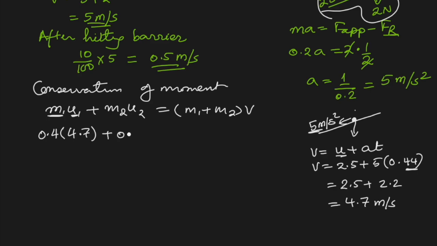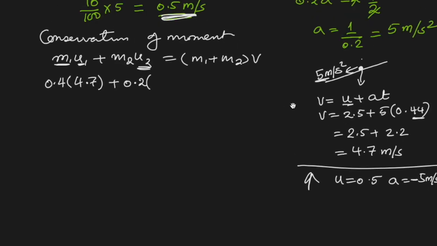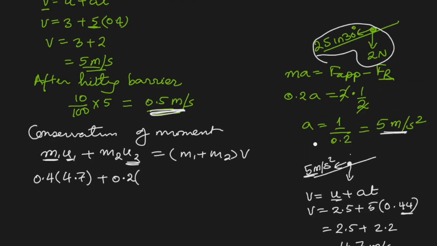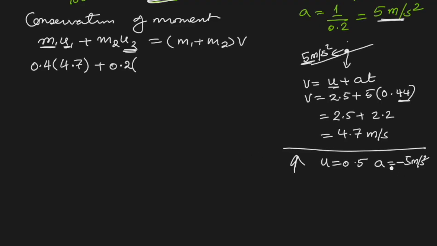Particle B, 0.2 kg, but its speed will also be different now. We know after colliding it was going up at 0.5 meters per second. Everything I'm calculating now is upwards. u is 0.5. Acceleration will be downwards, minus 5 meters per second square, the opposite of what was here, because it is trying to go up, but the acceleration is still downwards, so it will become negative 5 meters per second square.